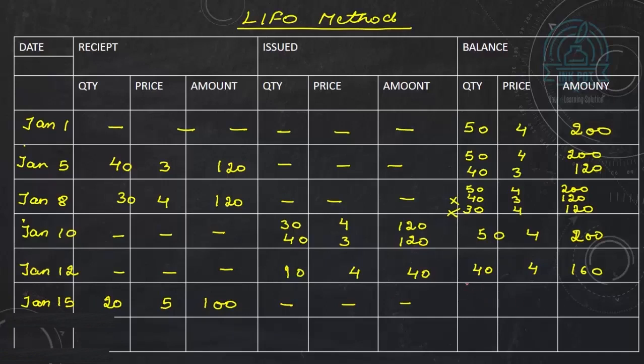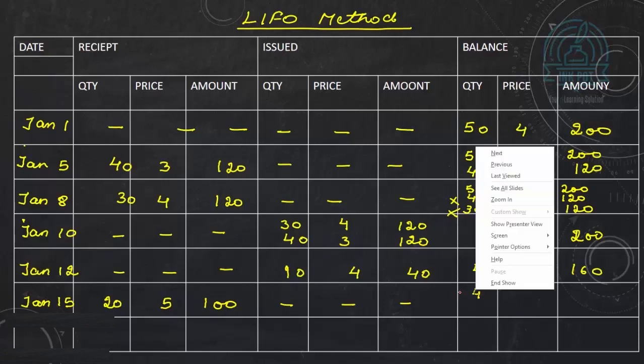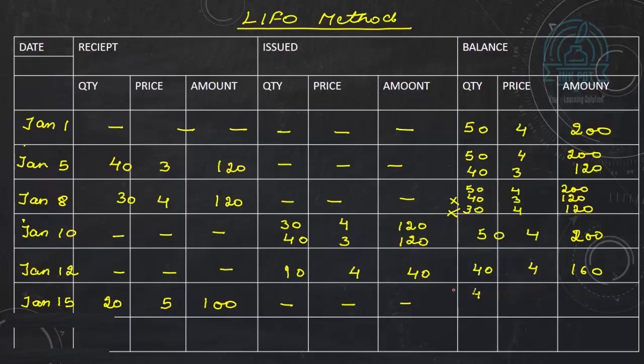So stock is like, we have 40 units at the rate of 4 and 20 at the rate of 5. So we have 160 and here we have 100.